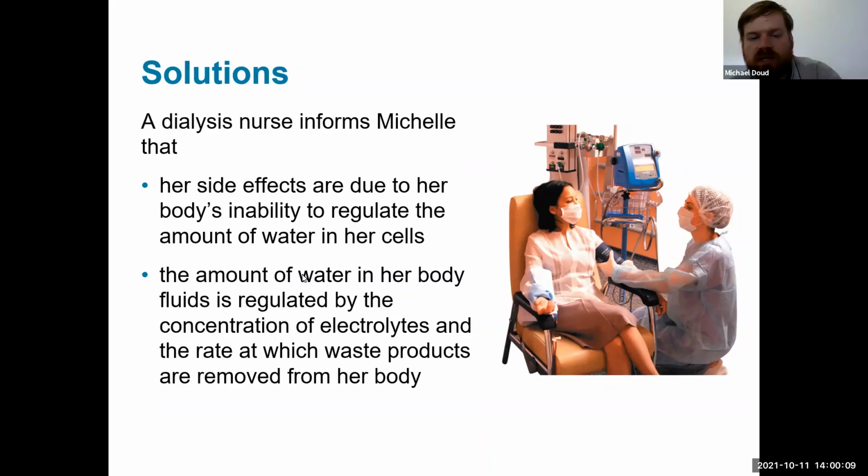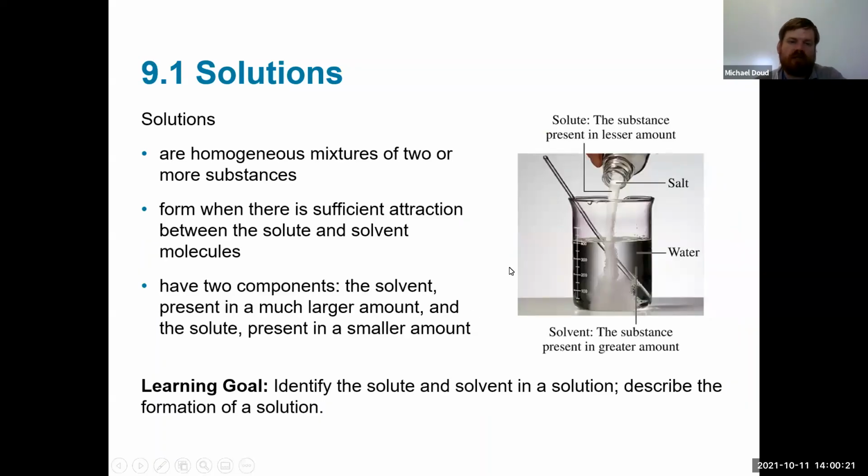So the idea is, based on the concentration of the electrolytes in your blood, you may need to remove water or add water in. So that's what we're going to talk about today.